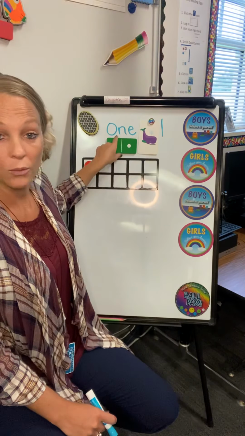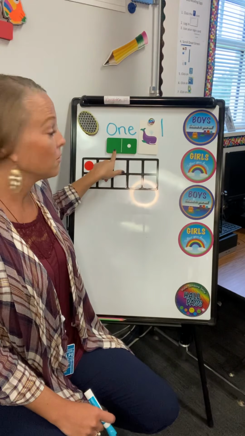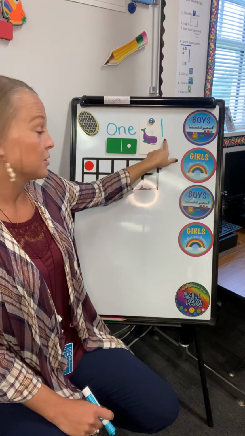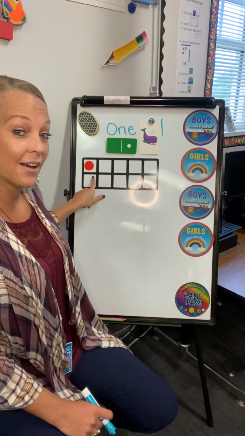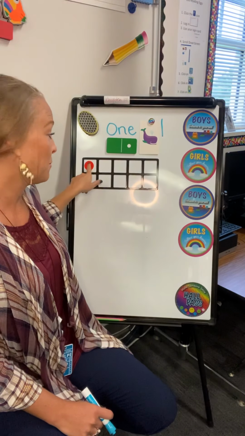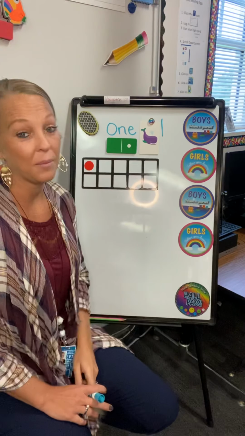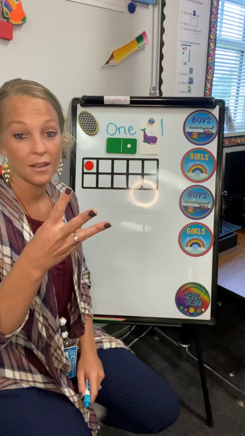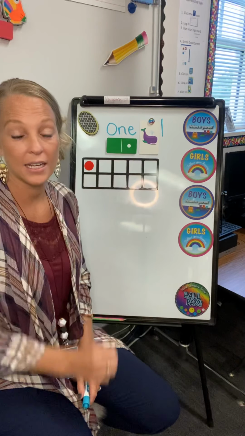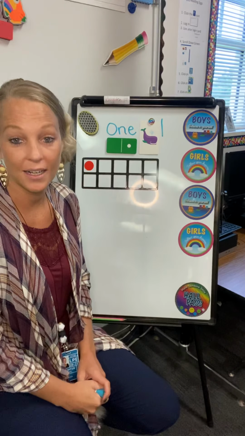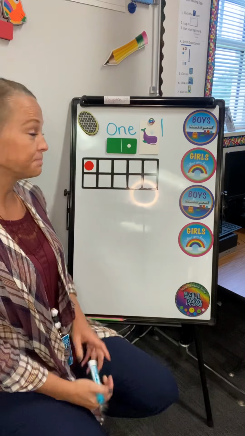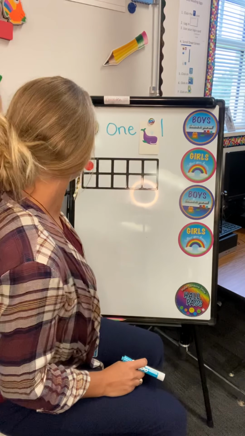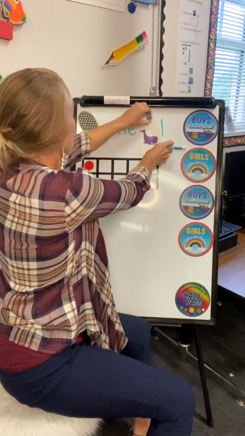Remember, you can write the word, you can draw a domino, you can draw an object or a picture, you can practice writing the number 1, or you could do a 10 frame with 1 dot. How many different ways do you have to show me today? 3. So 3 different ways to represent the number 1. Okay, so there's the 1.